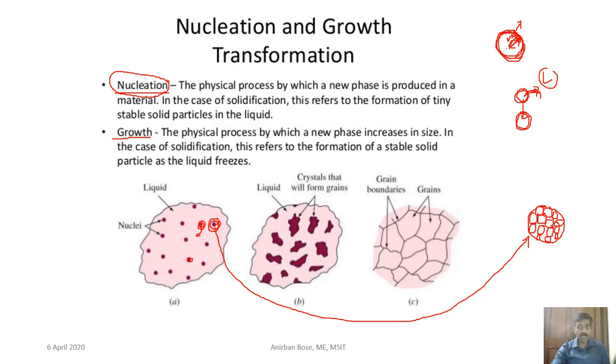And once the nucleation has been completed, then in that position definitely the solidification will grow. Gradually that particle will grow. Okay, so it is not that all the points that you can see are going to grow. They may be in the embryo stage, but once they reach the critical size, then definitely they are going to grow.